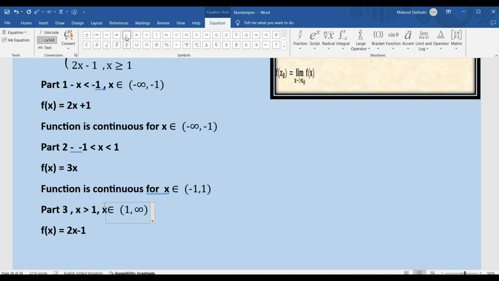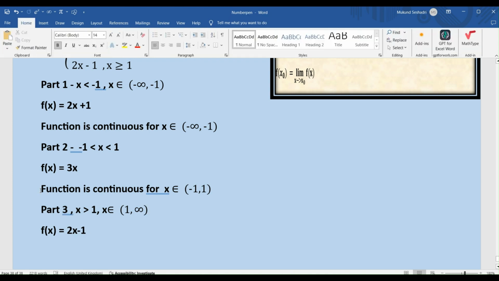So just like how we saw in our part 1, I can comfortably call this function continuous for the open interval 1 to infinity.